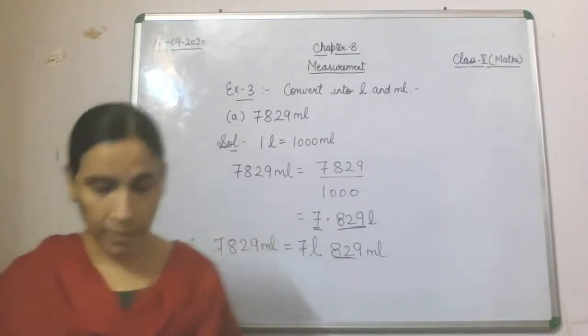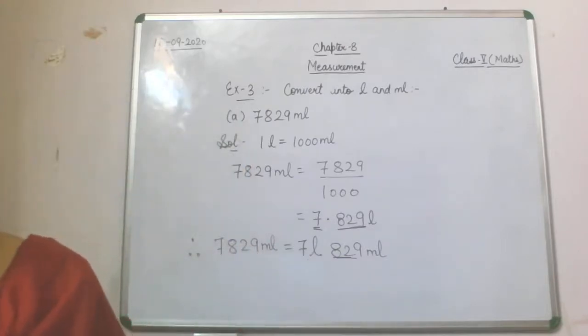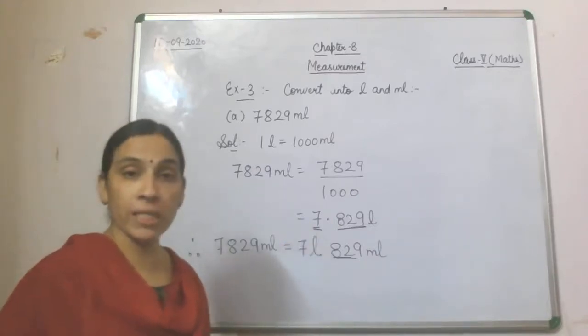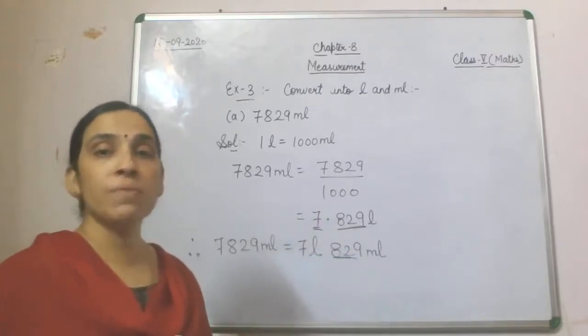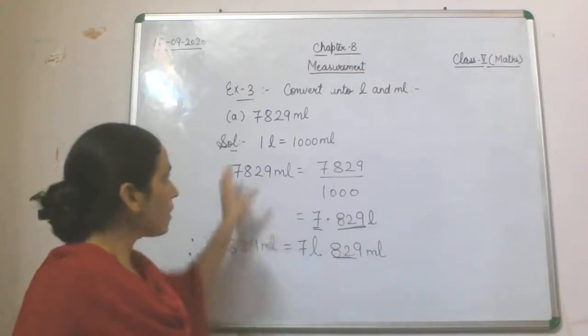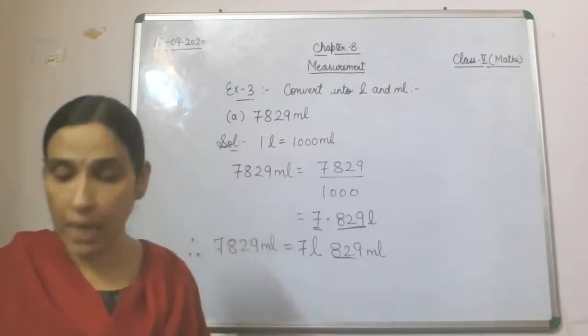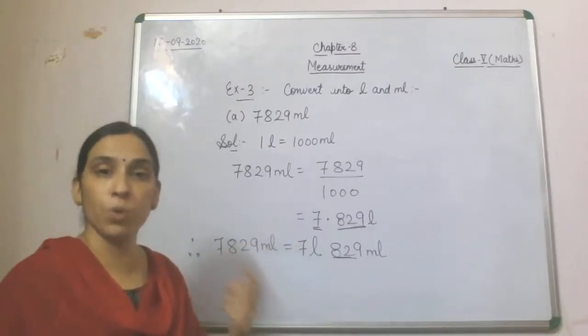829 milliliter. Now children, why have we done this question with this method, why have we divided it by 1000? So that the concept we have done, that before the decimal we have liter, and after the decimal we have milliliter, will be utilized. So whenever you have a question like 7829 milliliter, and you are supposed to change it into liter and milliliter, what you will do?